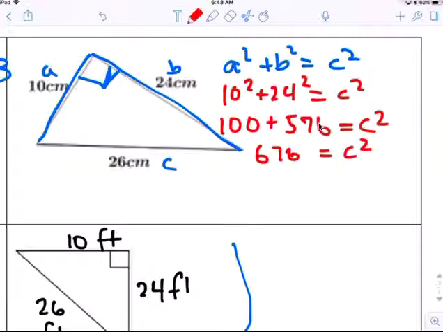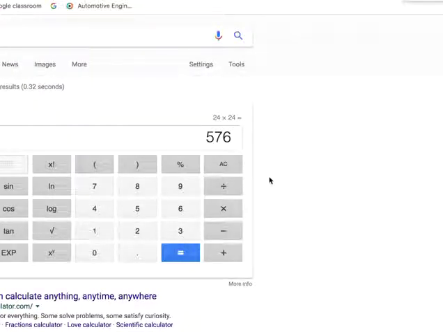Take the square root. 676, oh yeah, we did that. The square root is 26, exactly.